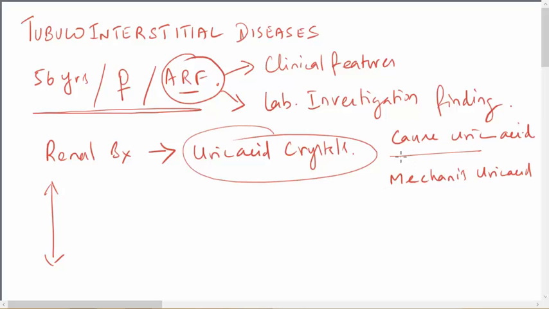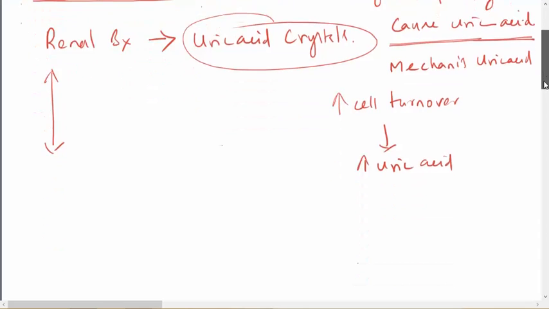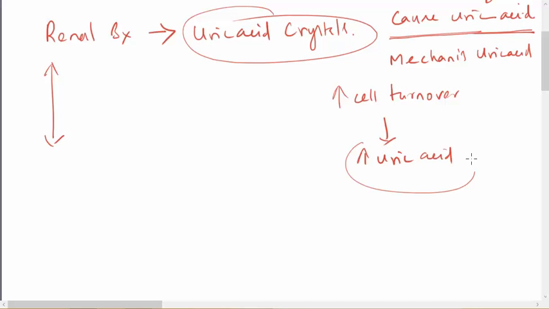So without that knowledge, you cannot answer this question. Understand? So you should know that increased cell destruction, increased cell turnover will cause increased uric acid.